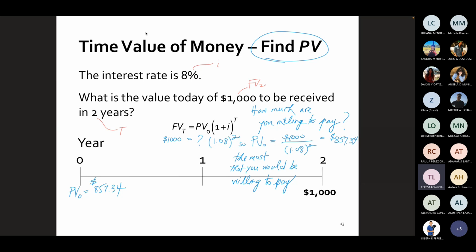I would be willing to spend that at 8%. If that's my rate, I'd be willing to spend that to get the $1,000.